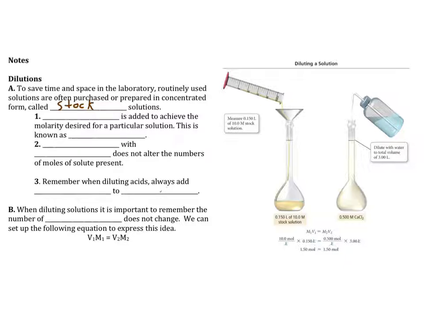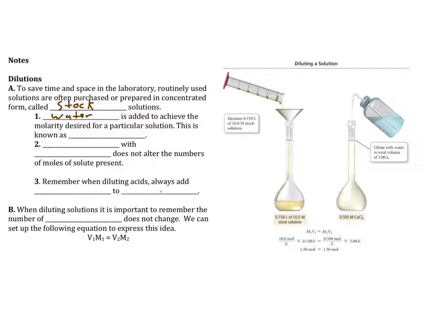What you can do with those concentrated solutions is add some water. Water is added to achieve the desired molarity of a particular solution. For example, let's say we have hydrochloric acid. We'll talk about that later. But in the stockroom, the hydrochloric acid is, let's say, 12 molar.